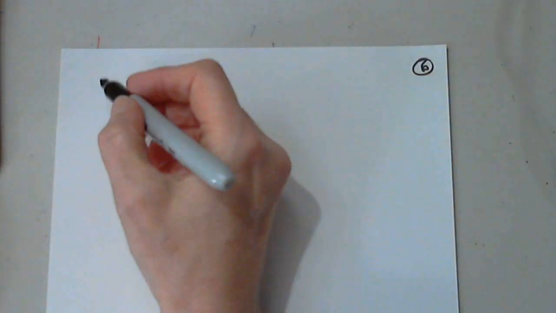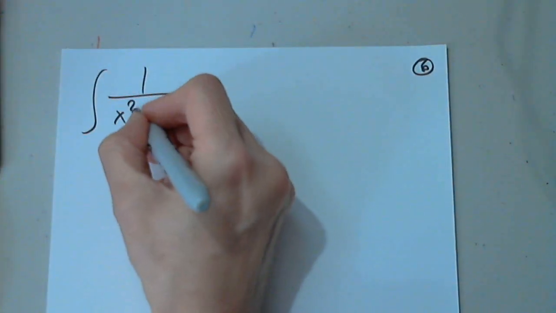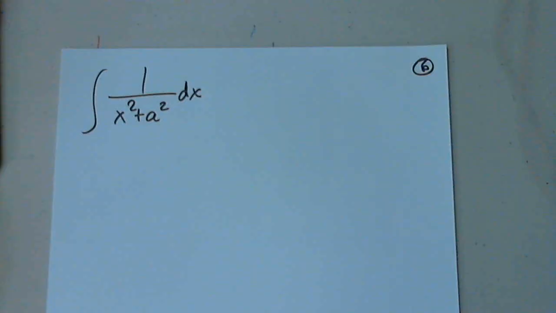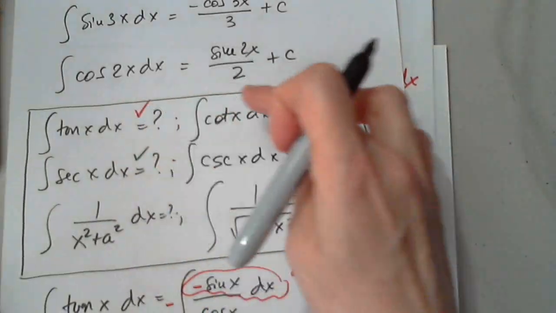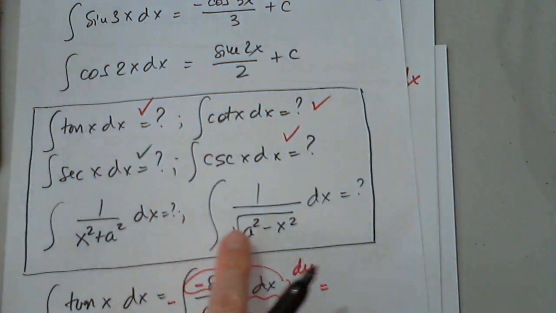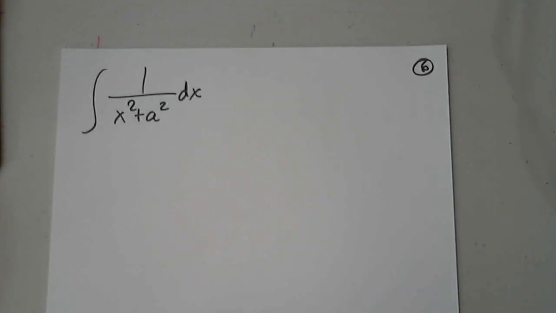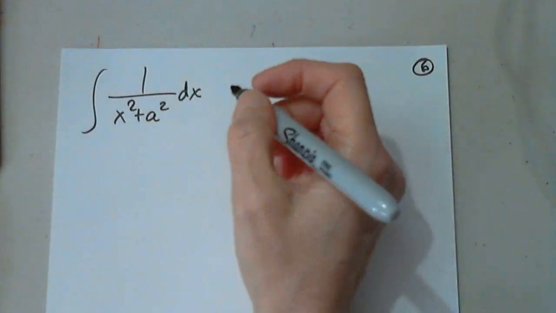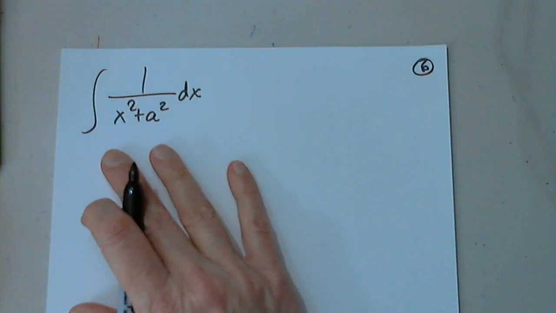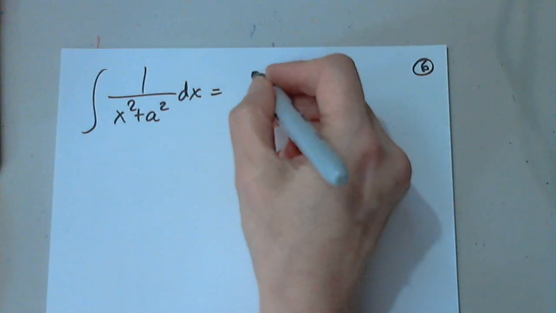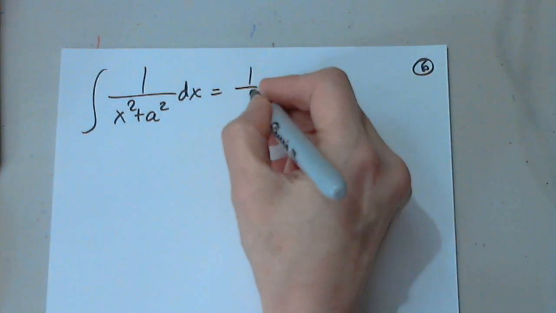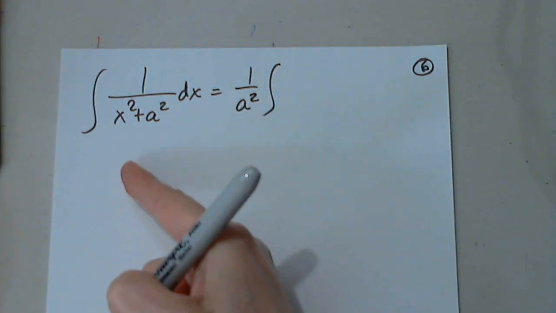Page 6. Okay, and we're looking at the integral of 1 over x squared plus a squared dx. So we looked at these four. Now we're here, and this is the last one, and then we'll start 7.1. Because these are basic integrals and we need to know them. So in this particular case, I will factor out a squared in the denominator.